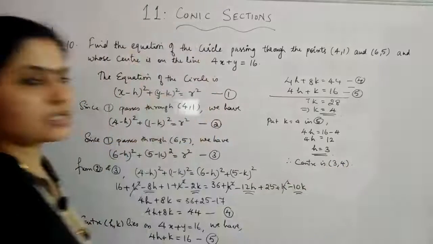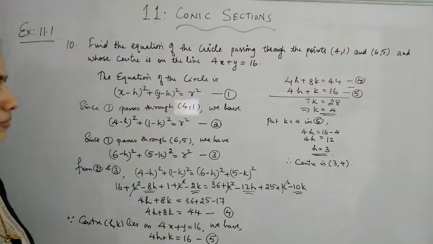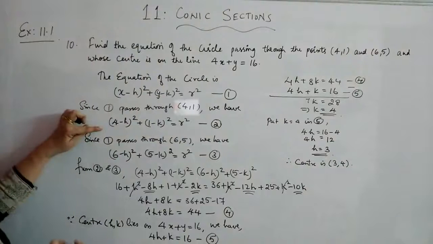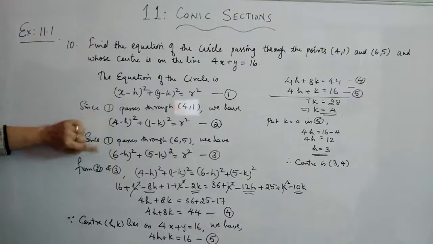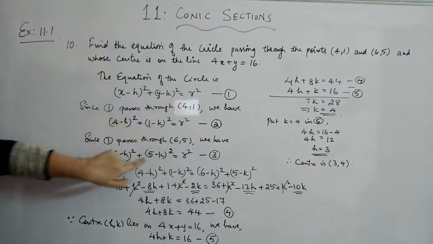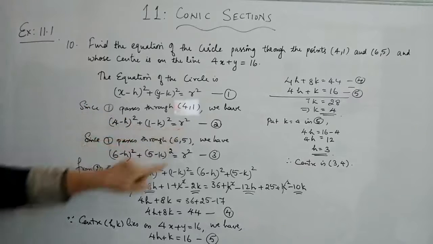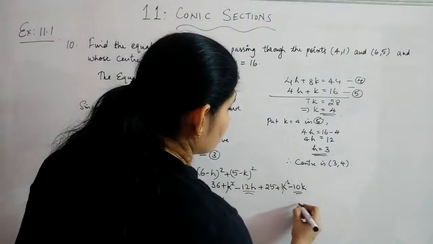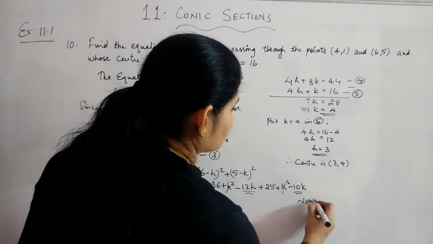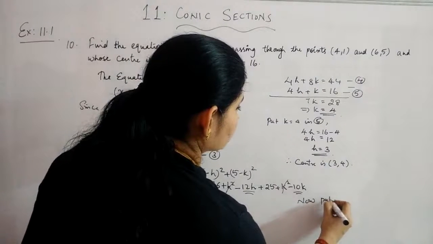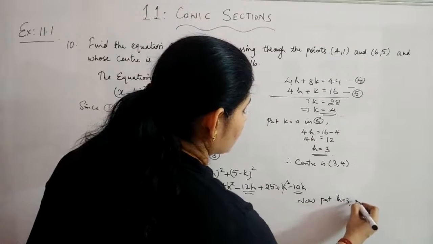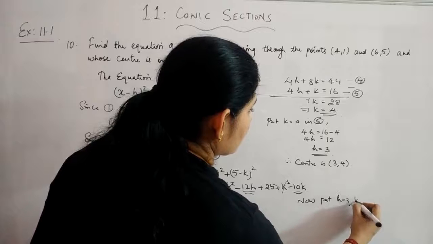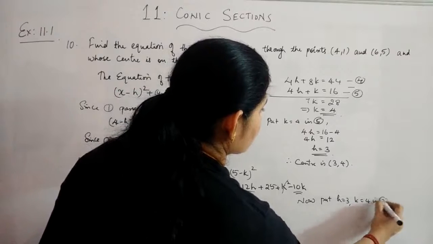Now you want to get r. Again you can replace in any of the equations, that is in either second one or third one, the value of h and k, and you can get what is r square. Okay, so suppose I am taking equation 2. Put h equal to 3 and k equal to 4 in equation number 2.